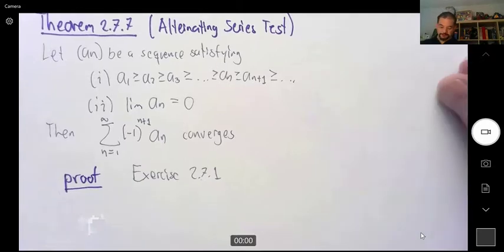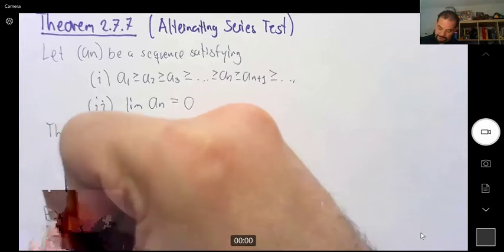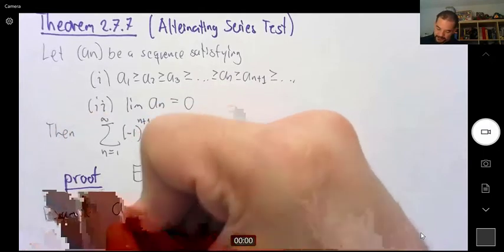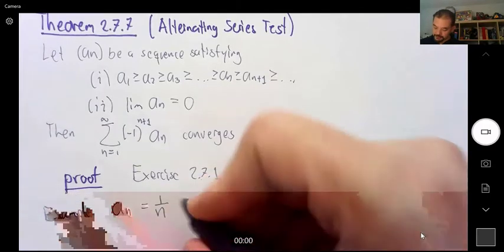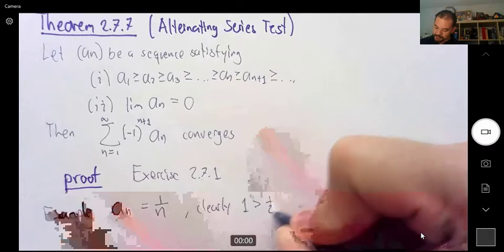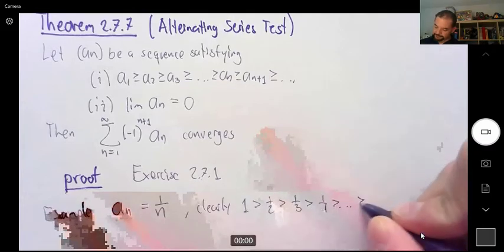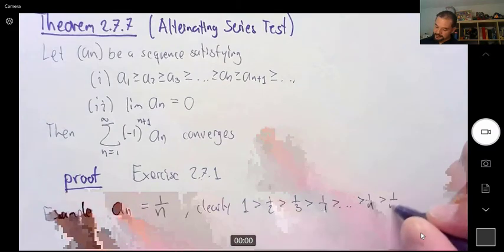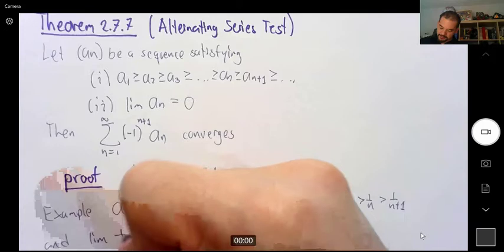The converse is false. Because, so a little example here, we can use the sequence a_n equals 1 over n, right? Of course, this one is decreasing, so clearly 1 is bigger than 1/2, which is bigger than 1/3, which is bigger than 1/4, etc. And also clearly, the limit of 1 over n is 0, right?